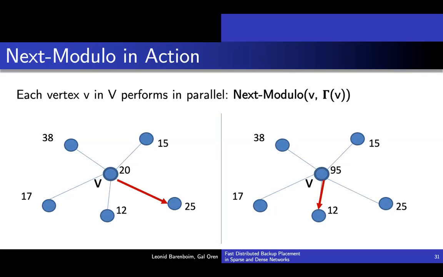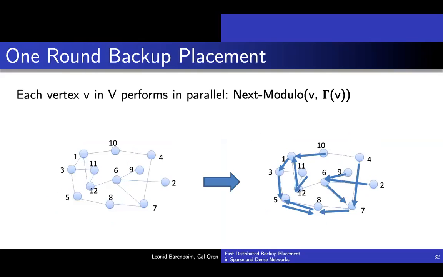We can understand now more intuitively that on the left, V chooses 25 as it is bigger than its own ID, but also closer to 20 than 38. On the right, 95 is the highest ID, and thus it chooses the lowest ID among its neighbors, 12. Zooming out a little bit, we get the following set of selections by next modulo.